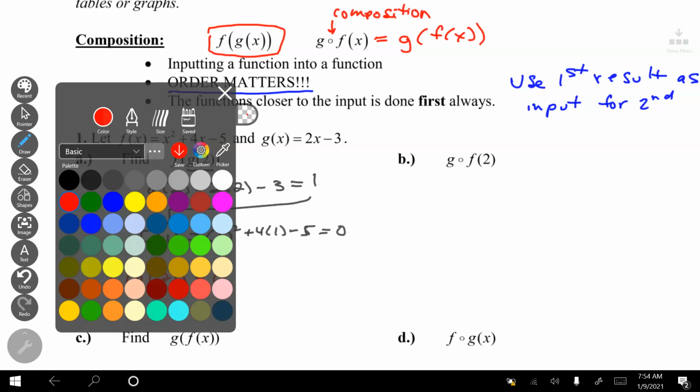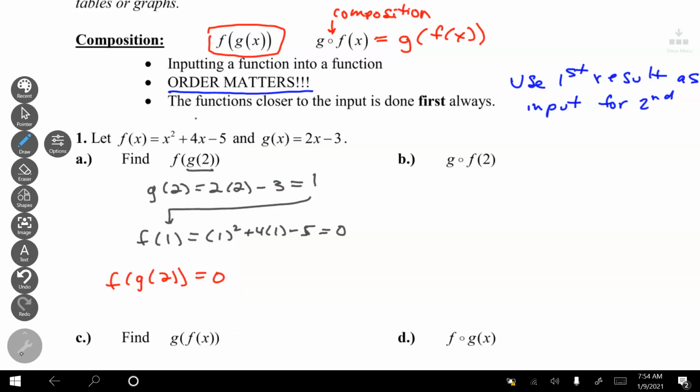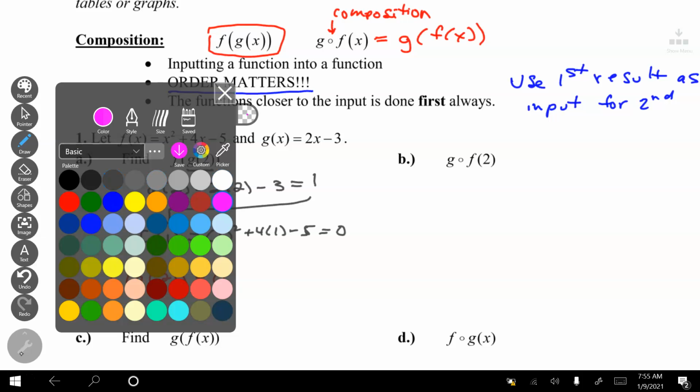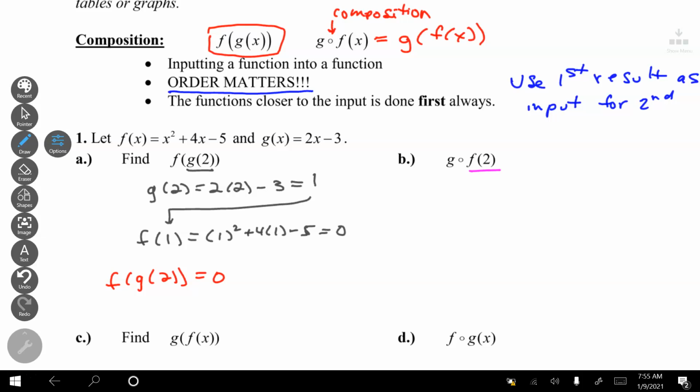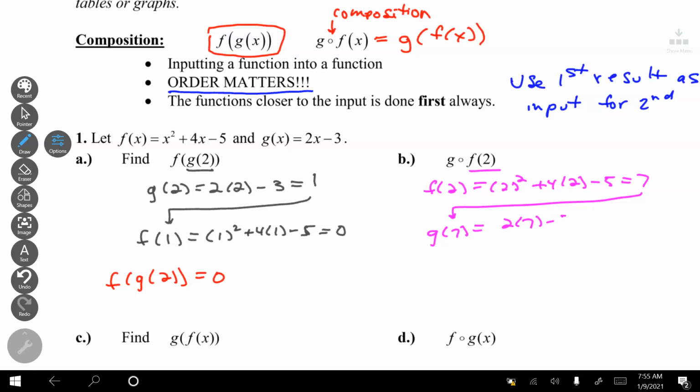Now remember, I said order does matter. So over here, I think I'll use pink. I have to do f of 2 first because that's closer to the input. f of 2 is equal to 2 squared plus 4 times 2 minus 5. I get 7. I'm going to use that result and do g of 7. I get 11.